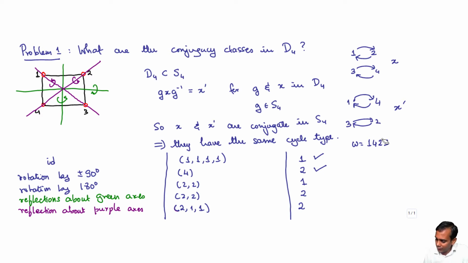Now 1 goes to 1, 2 goes to 4, 3 goes to 3, and 4 goes to 2. So W fixes 1 and 3 and interchanges 2 and 4, so it's a reflection about one of the purple axes, and we have W X W inverse equals X prime. So indeed these two elements are in the same conjugacy class.